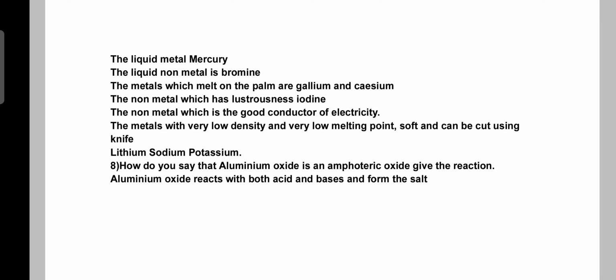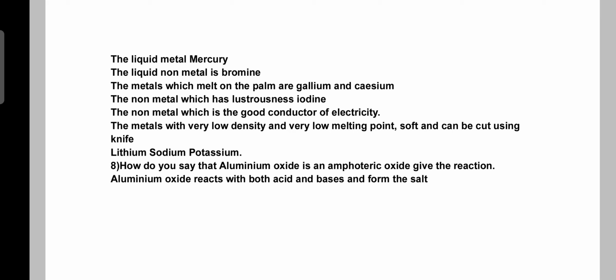Now, how do you say that aluminum oxide is an amphoteric oxide? Give the reaction. Aluminum oxide and zinc oxide are mainly the amphoteric oxides because they react with both acids and bases to form their salts.